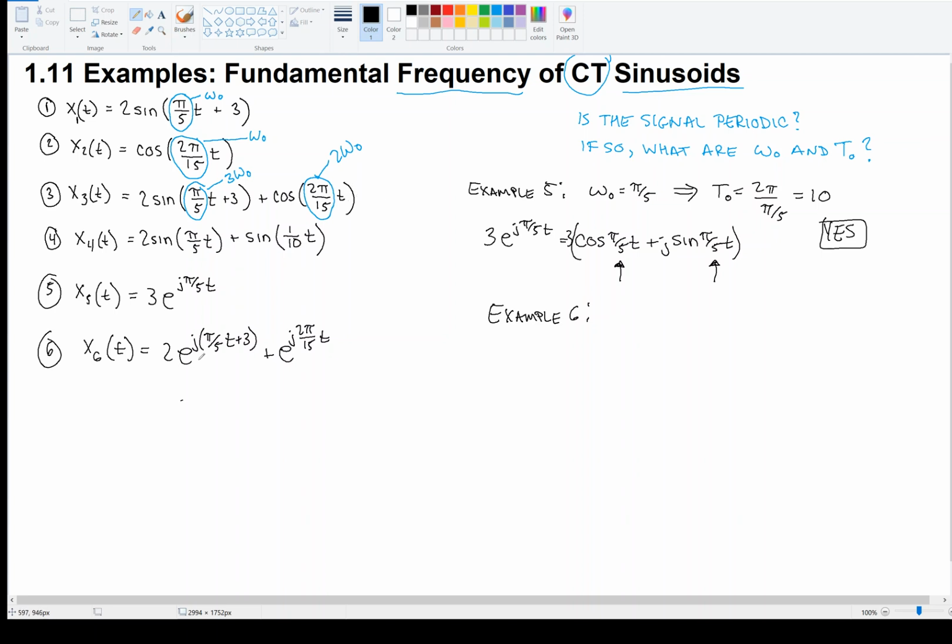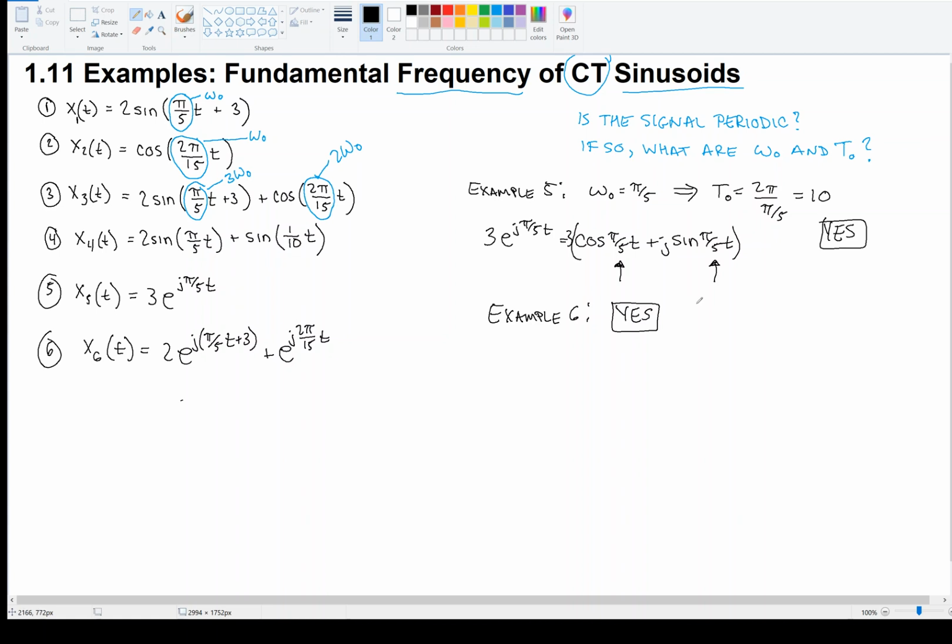See that? Now, they're not exactly the same signal, but as far as frequency and period go, they are the same. We can convert the first one to sines and cosines, and we can convert the second one to sines and cosines. The second one would have a frequency of 2 pi over 15. The first one would have a frequency of pi over 5. So then it becomes very similar to example 3. So the answer to this is yes.